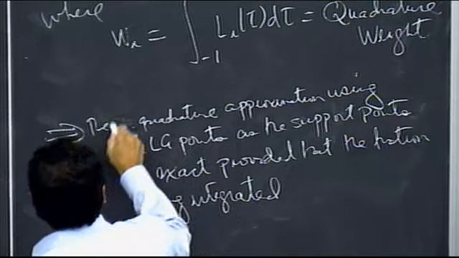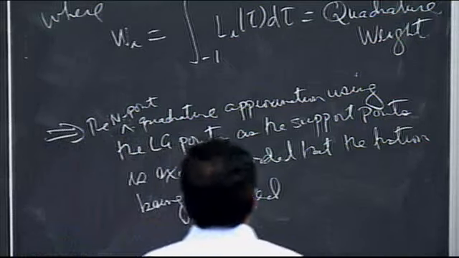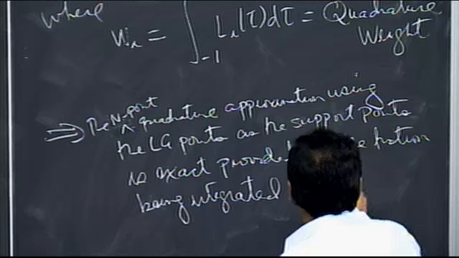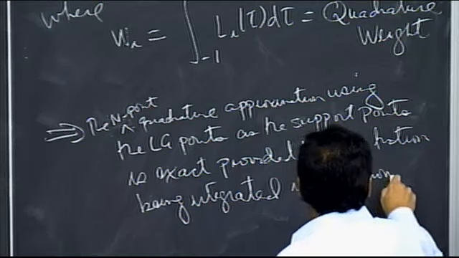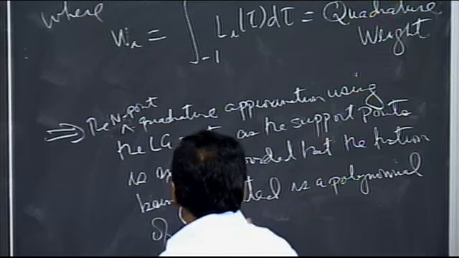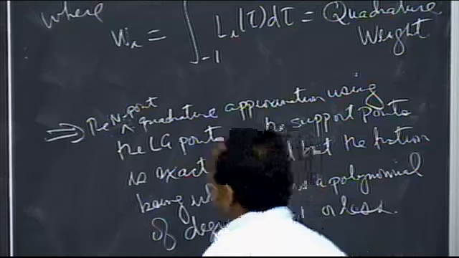The n-point quadrature approximation, provided that the function being integrated is a polynomial of degree 2n minus 1 or less.